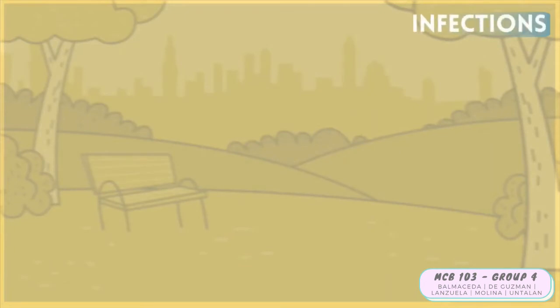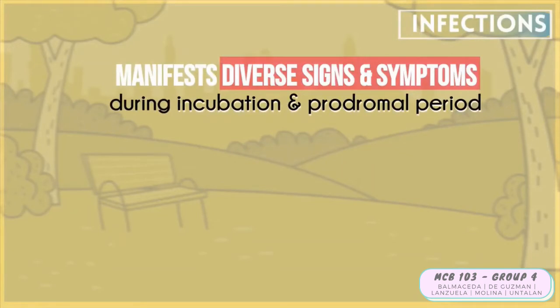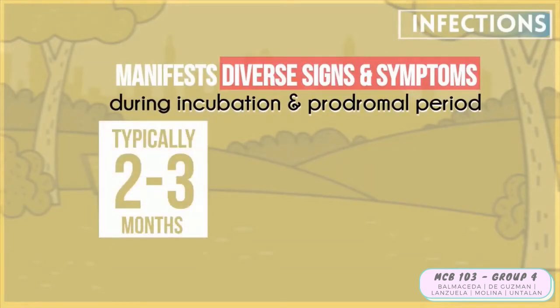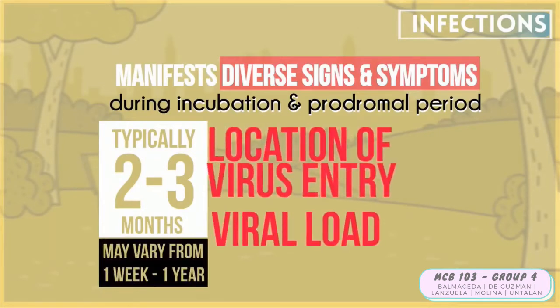The infection of rabies virus manifests diverse signs and symptoms during the incubation and prodromal period, which is typically about 2 to 3 months but may vary from 1 week to 1 year, dependent upon factors such as the location of virus entry and viral load.